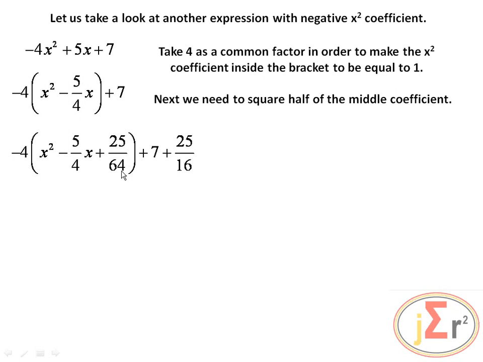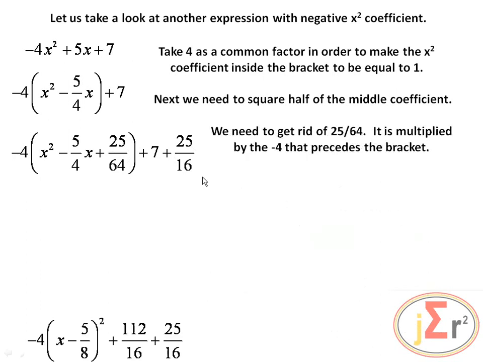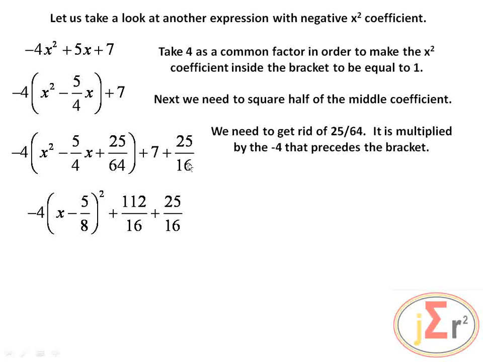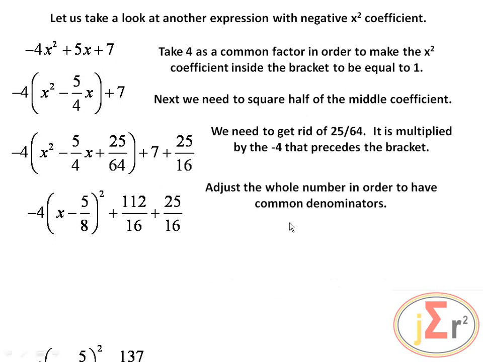In order to do that, we have to do the opposite, which is plus 25 over 64. And then we write this as a fraction with the denominator 16 by multiplying 7 by 16 and putting the result over 16. And of course, turn it around. We have 137 over 16.